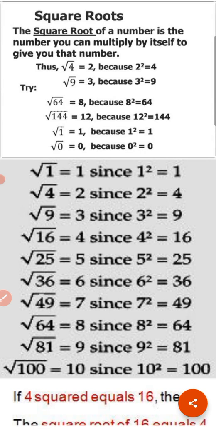Square root of 1 is 1, because when we multiply 1 by 1, we will get 1 as answer. Square root of 9 is 3, because when we multiply 3 by 3, we will get 9 as answer.